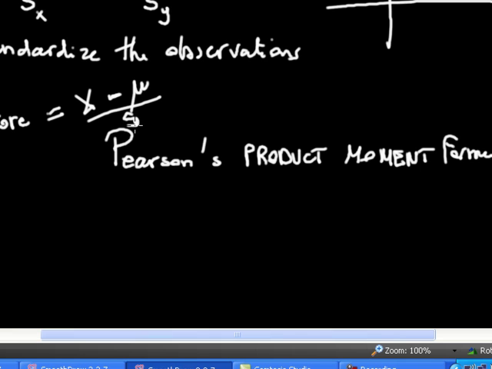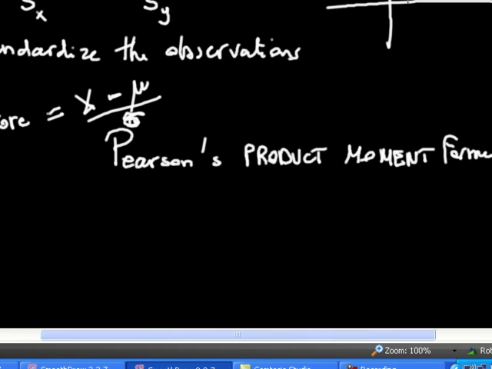For the variable x, it becomes data minus mean over standard deviation, and likewise for the variable y. So it's like finding the scatter plot in standardized form. We standardize the observations, removing the units of measurement, and the scatter plot gets centered at x bar, y bar, with the variables in standard deviation units. This is how we get to the formula.